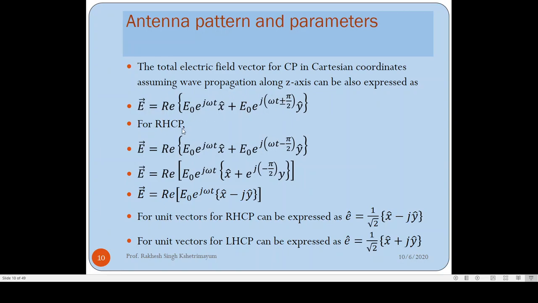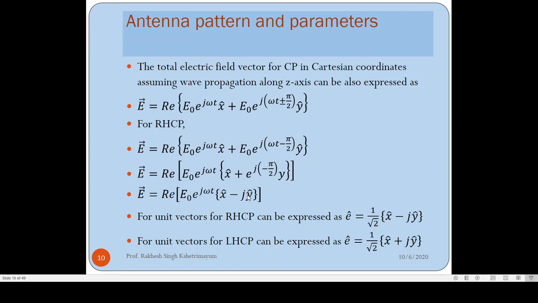For RHCP, this will become minus pi by 2. In that case, the expression for the electric field will be the real part of E0 exponential j omega t (x hat minus j y hat). Similarly, for the left hand circular polarized wave, the electric field will be the real part of E0 exponential j omega t (x hat plus j y hat), because here the phase becomes exponential j pi by 2, which is plus j.